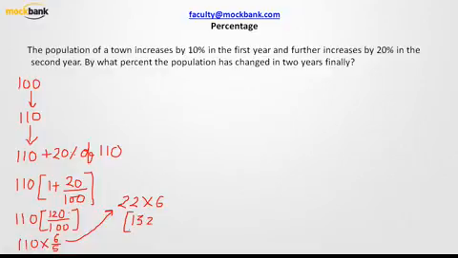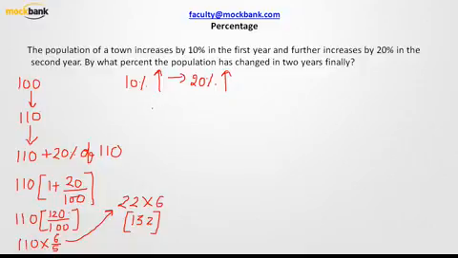So the population has become 132 after 2 years. The population is increasing by 10% in the first year, followed by a 20% increment in the second year, and this makes the population 132.